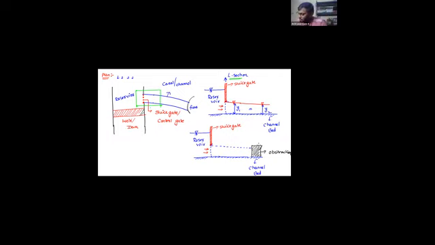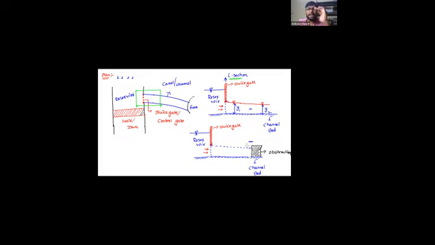Now you see, if it hits over here, do you think the water level is going to be the same or is it going to rise? The water level is going to rise. So the flow comes and hits, the water level rises, and once this water level rises, this disturbance will travel towards whom? The upstream side. So due to this obstruction, the kinetic energy is converted to potential energy.